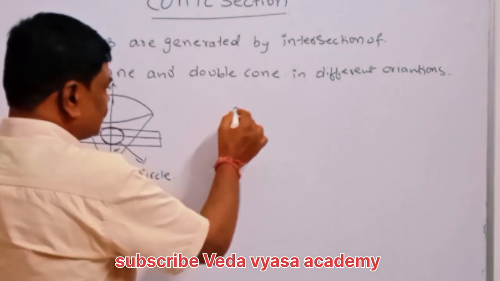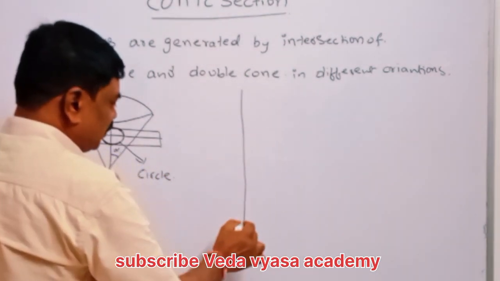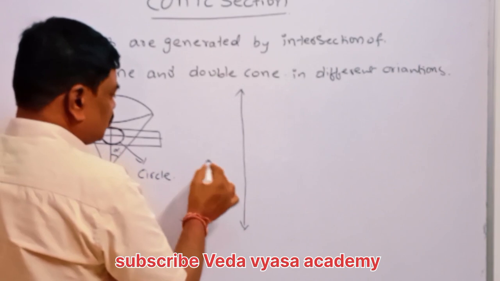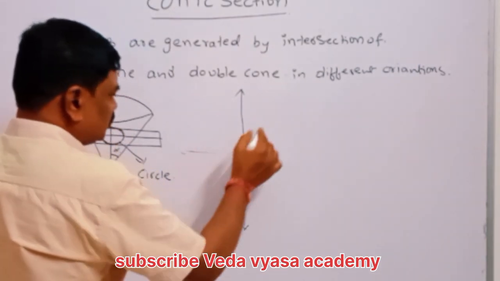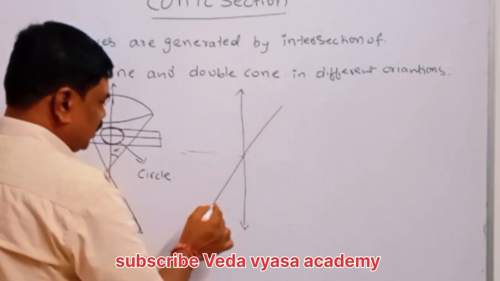So you go further, other intersection of a plane with the double cone. You see, this is the generator line.